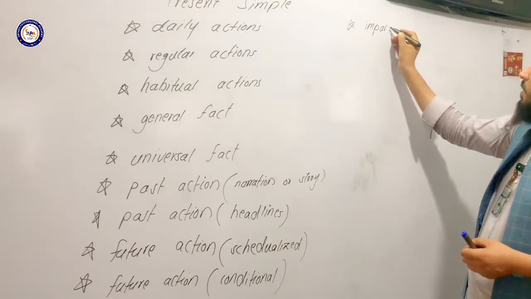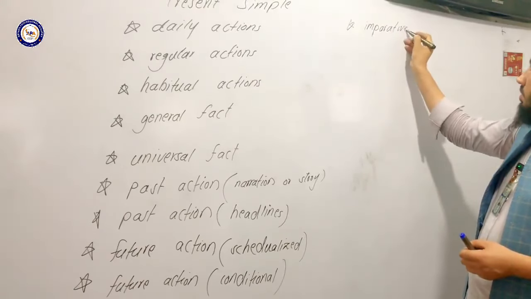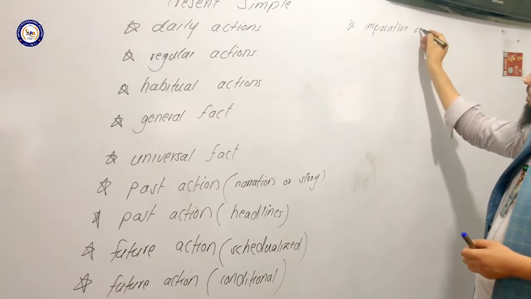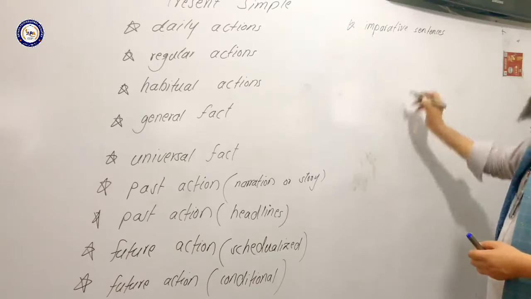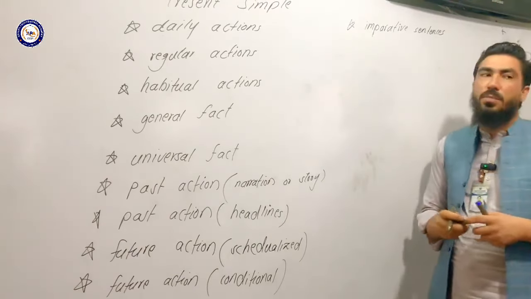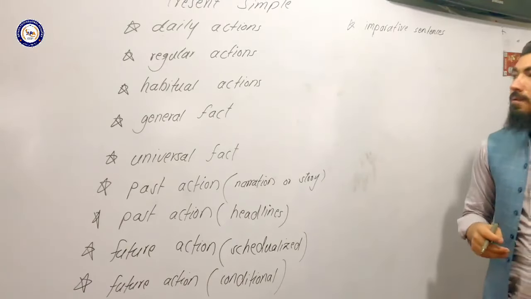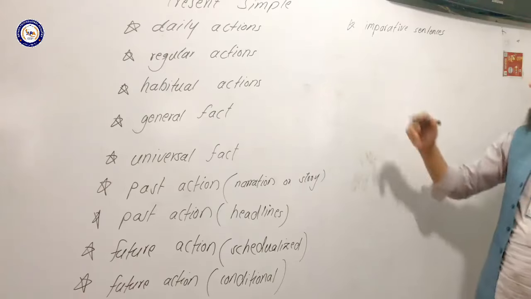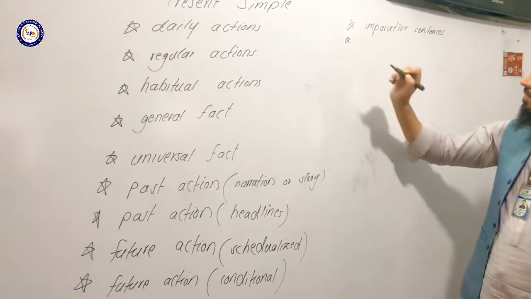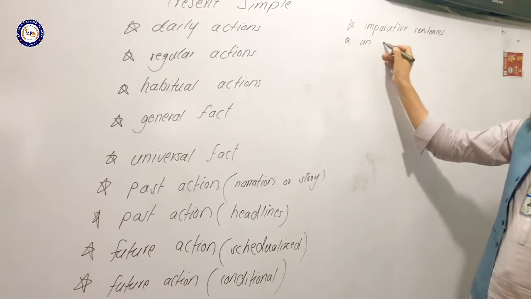We can use present simple to order someone. All the imperative sentences can be used in present simple. So 1, 2, 3, 4, 5, 6, 7, 8, 9, 10. The nature of something.